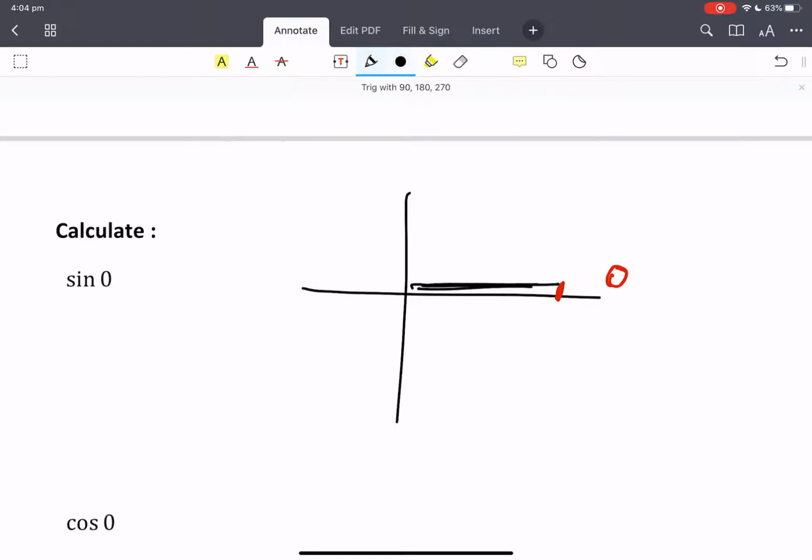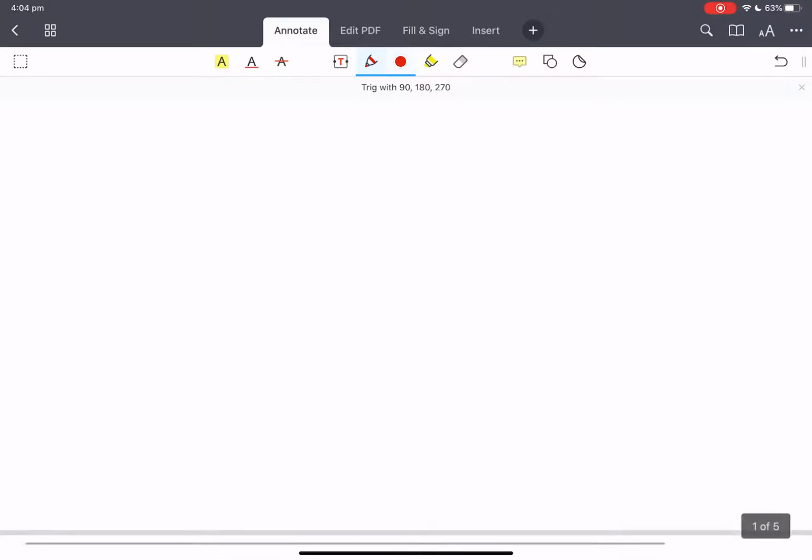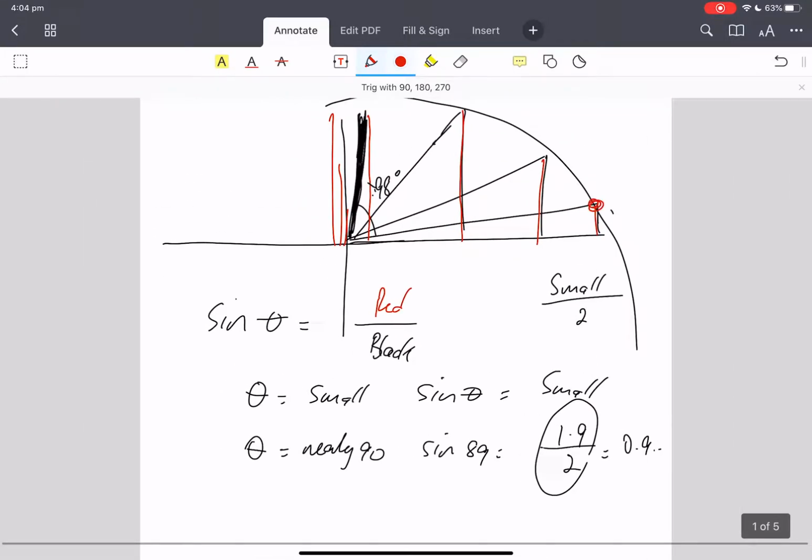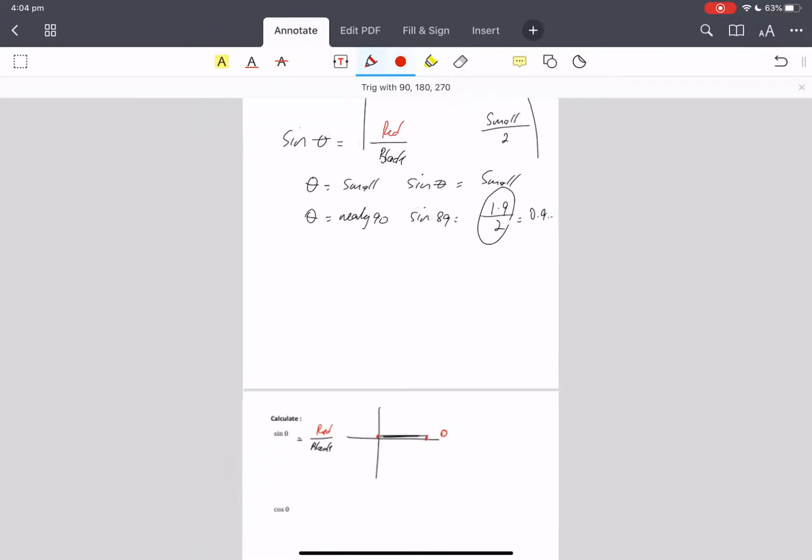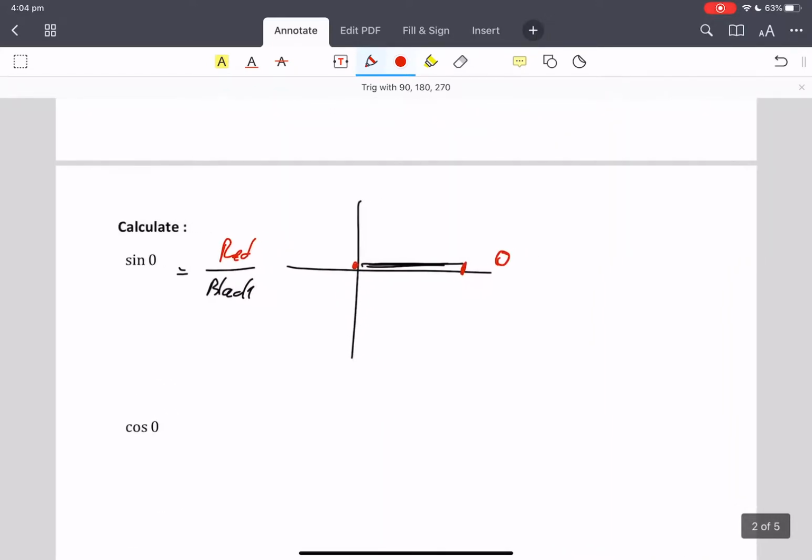Remembering that sine theta will be red on black, that red is actually the y component. This red length is going to be my y projection. How long is my y on the y-axis? My red is going to be 0, and remember my black, my hypotenuse, is always going to be 2. What's 0 divided by 2? 0. So sine 0 is 0.